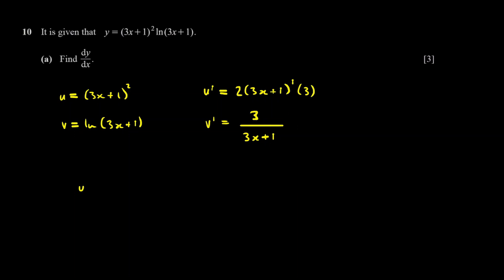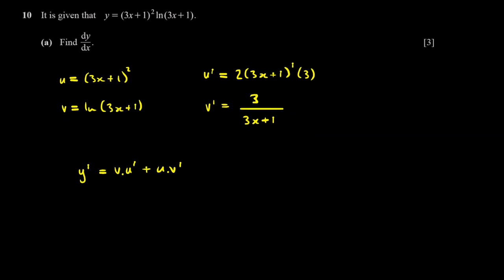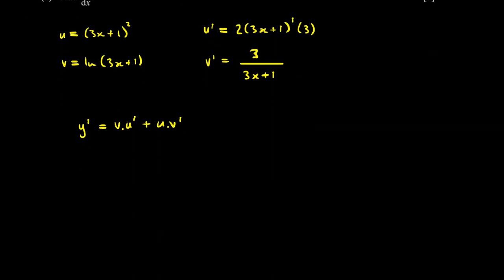Now, the product rule is v du plus u dv, or if you prefer, vu prime plus uv prime. I say v du plus u dv because it helps me to memorize it.